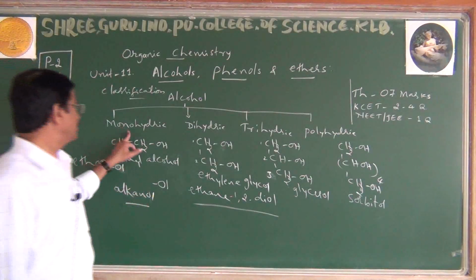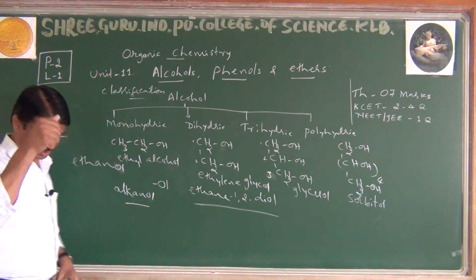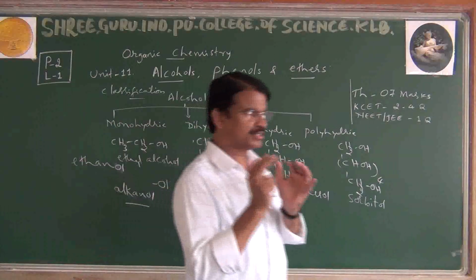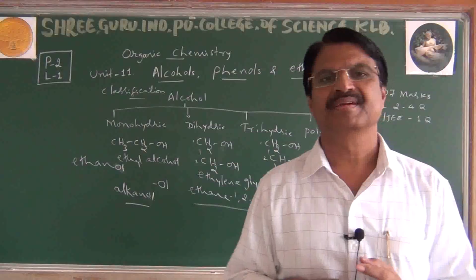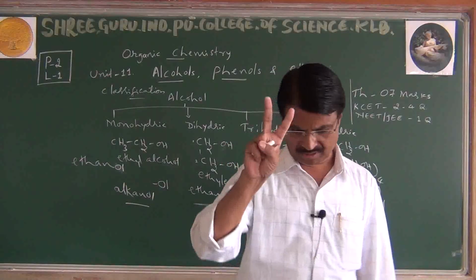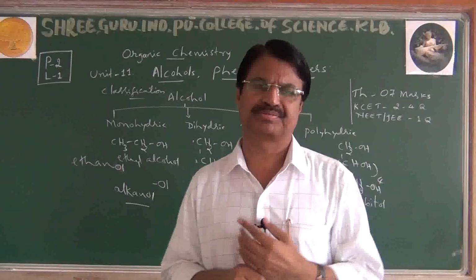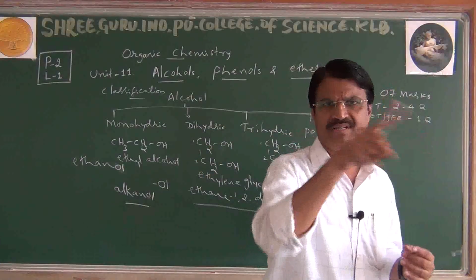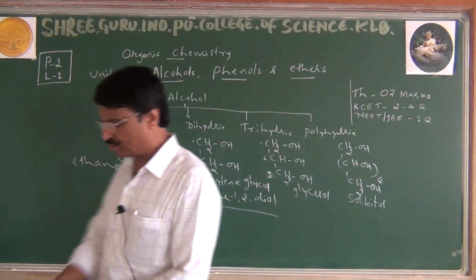Next, monohydric alcohol we can classify further, based on the nature of carbon. If the hydroxyl group is linked with a carbon atom which contains 2 hydrogen atoms and 1 alkyl group, or 3 hydrogen atoms, such compounds are named primary alcohol.